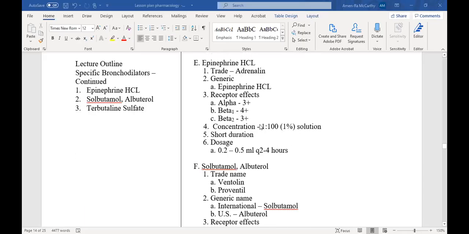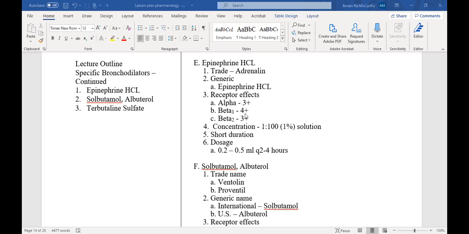And then now we're at epinephrine HCl. Now epinephrine, this here, guys, is mostly an IV sympathomimetic drug, okay? Trade name, adrenaline. Epinephrine HCl is liquid adrenaline. Now look at the receptor effects. Alpha +3, that's giving us vasoconstriction.